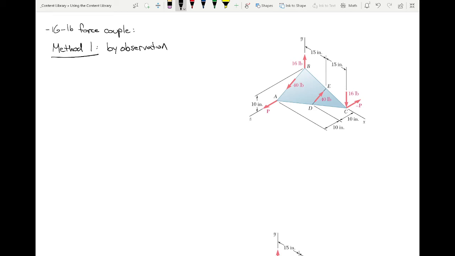Okay, so let's see if we can do this from an observational perspective. Let's look at the 16-pound force couple, okay? So I'm focusing on this force and this force. Let's see if we can make some observations.